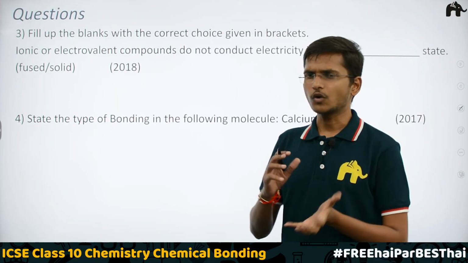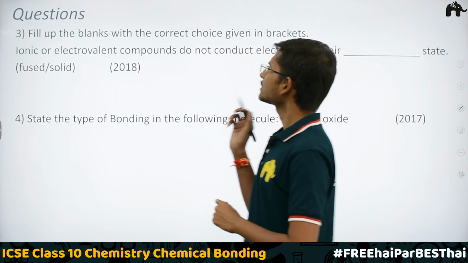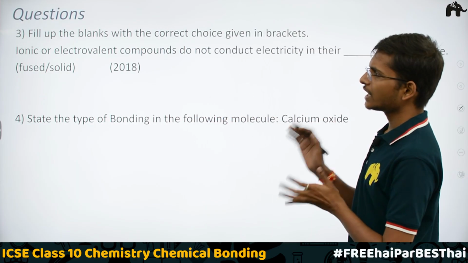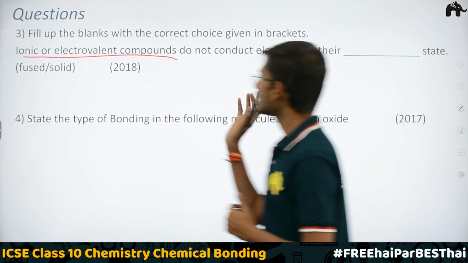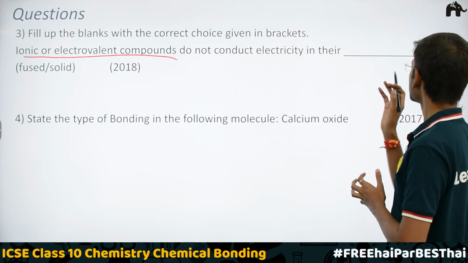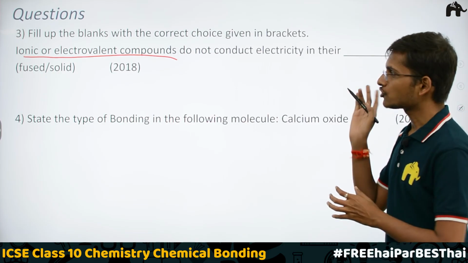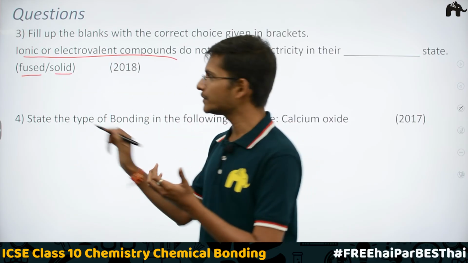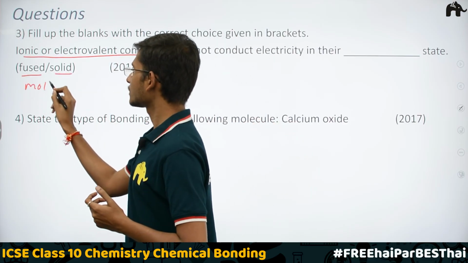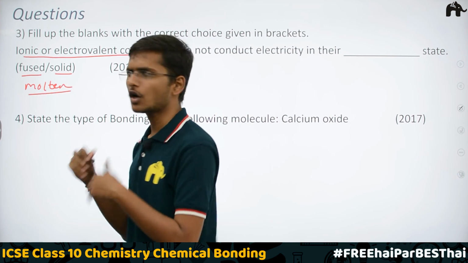Now next is fill up the blanks with the correct choice given in the brackets. Ionic or electrovalent compounds do not conduct electricity in their dash state. They have given us two options, fused and solid. Fused here means molten state or liquid state.